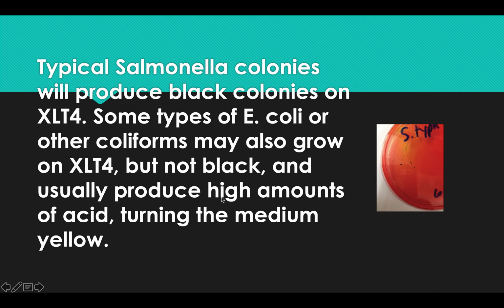They usually produce a high amount of acid, turning the medium yellow. As you can see here, the yellowing of this medium is due to the high amount of acids produced by Escherichia coli, and these black colonies indicate Salmonella colonies.